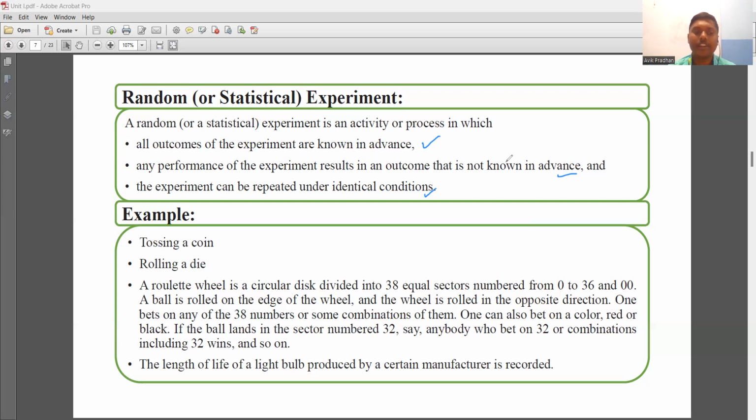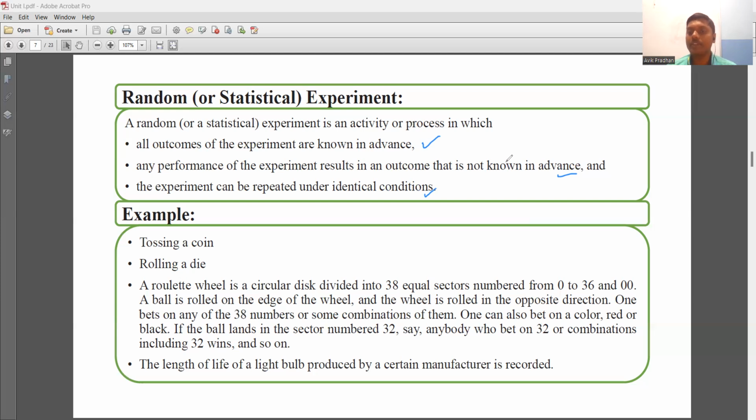There are colors like red or black, so you can bet on that. And a ball is rolled on the edge of this roulette wheel, in the opposite direction. And wherever it stops, that result will be the outcome of that experiment.